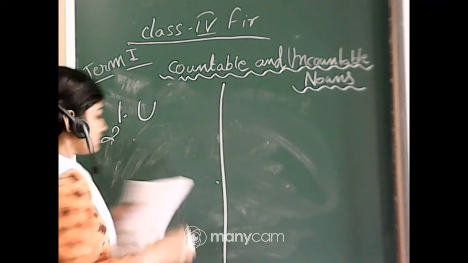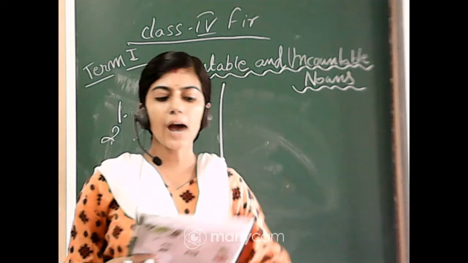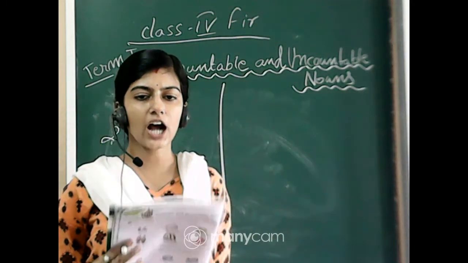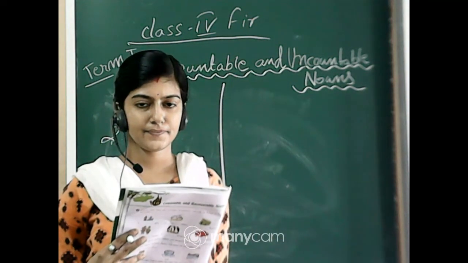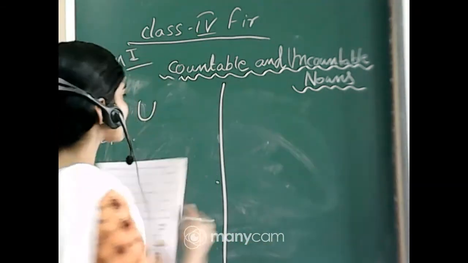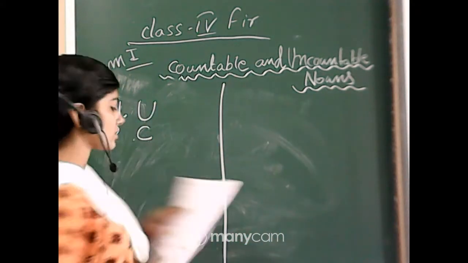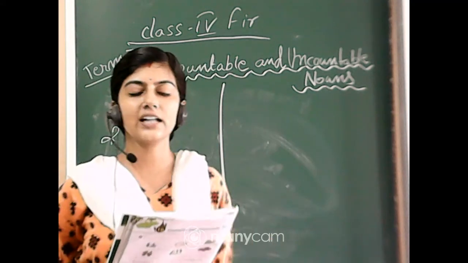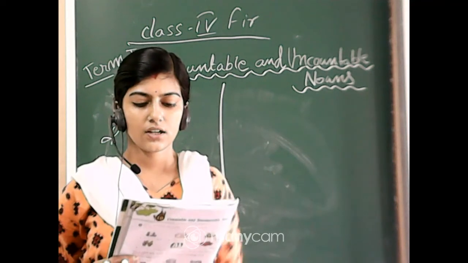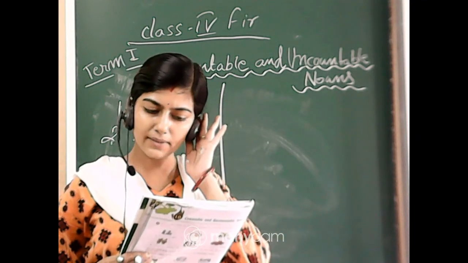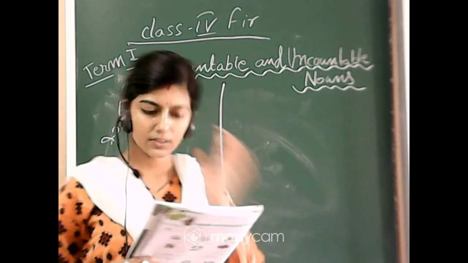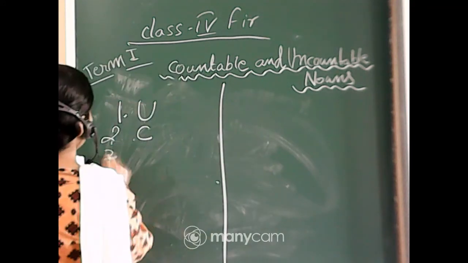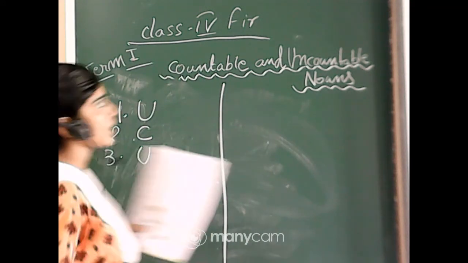Number 2, cup. Can you count a cup? So write down C for countable noun. Number 3, milk. Is milk countable or uncountable? Write U for number 3, milk, uncountable noun.